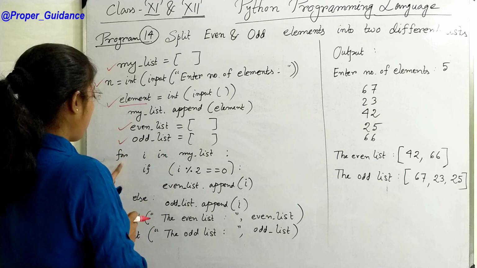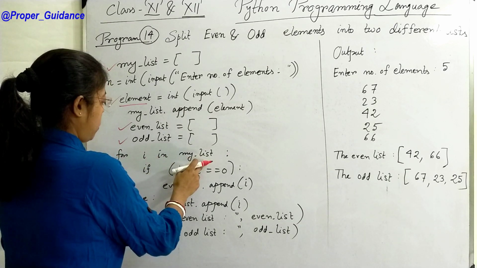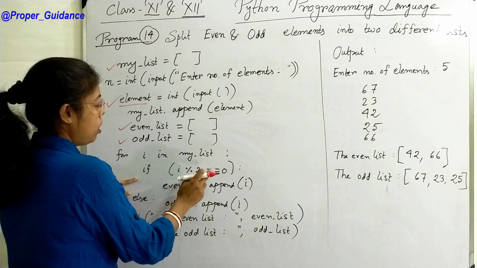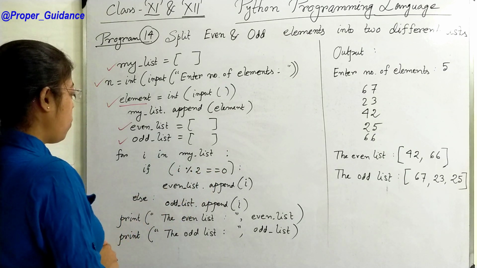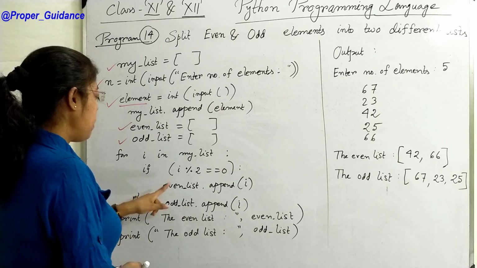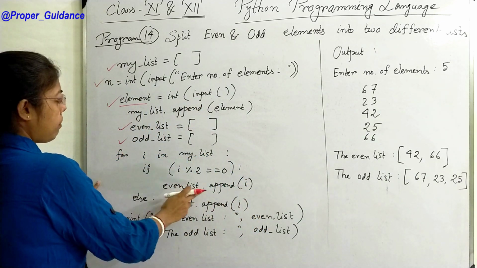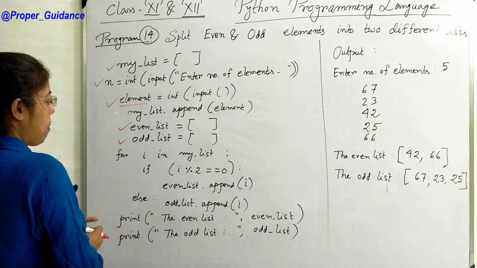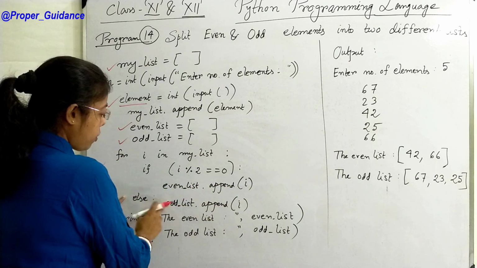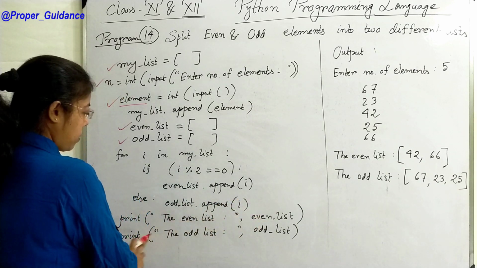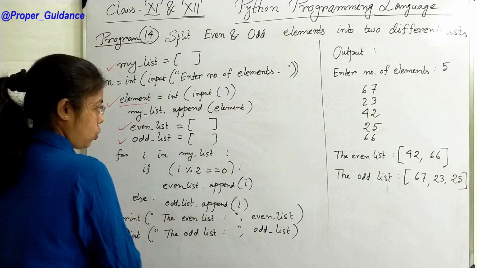For I in my list: if I modulus 2 is equal to 0, what happens? even list dot append I, and else, odd list dot append I. Then we will get the even list and the odd list.